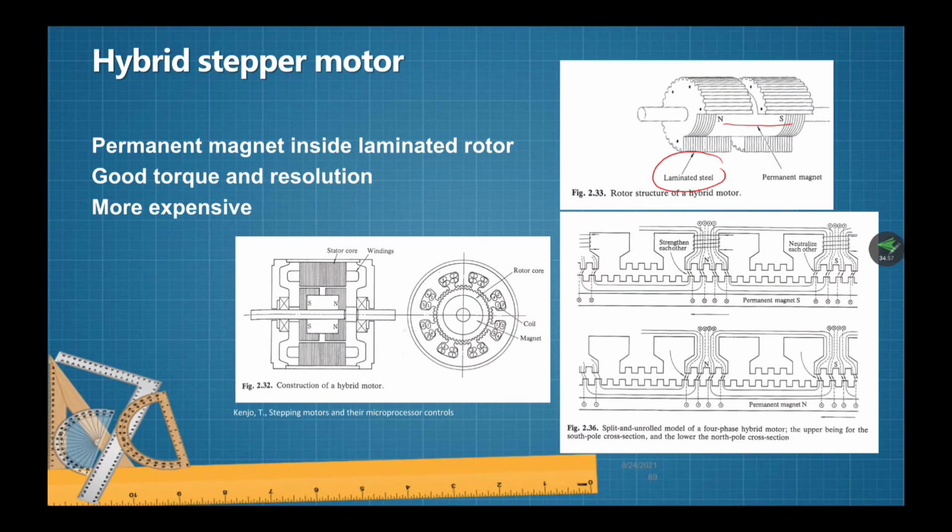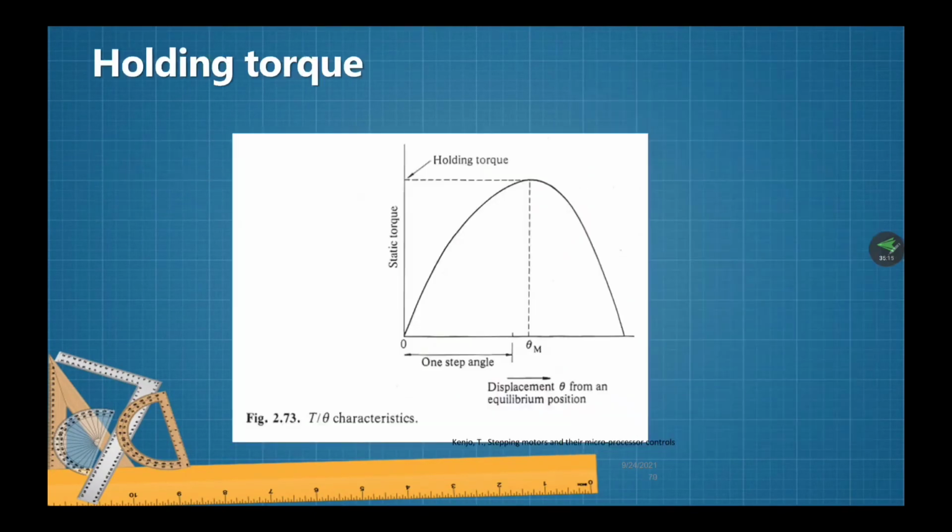And this is the construction of the hybrid motor. We have the rotor here, and these are the coils, and this is the magnet. And then this is the holding torque.